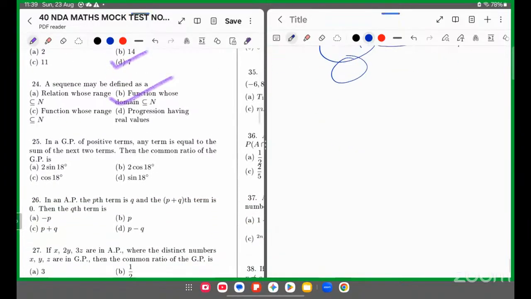Question number 25. In a GP of positive terms, any term is equal to the sum of the next two terms. Then the common ratio of the GP is.